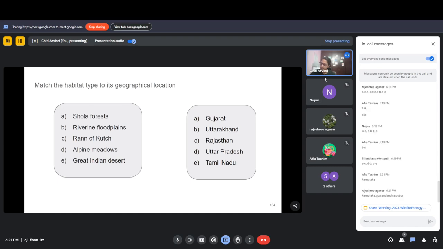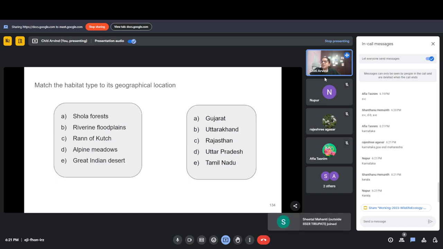Karnataka, okay, Karnataka, Goa, and Maharashtra. Okay, probably not in Maharashtra. Kerala, yes, of course. Kerala is another state where you have a large proportion of shola forests, and yes, you do find them in Karnataka as well.